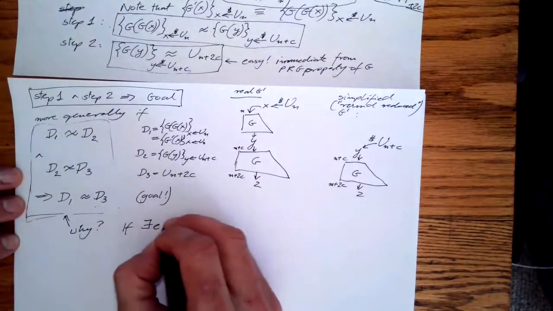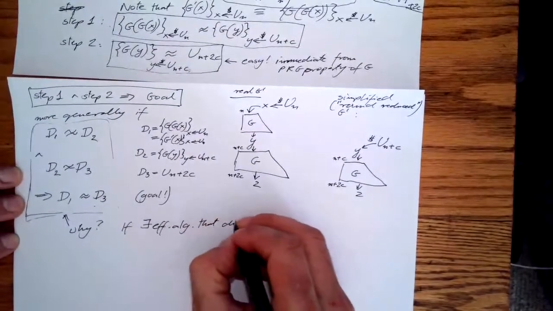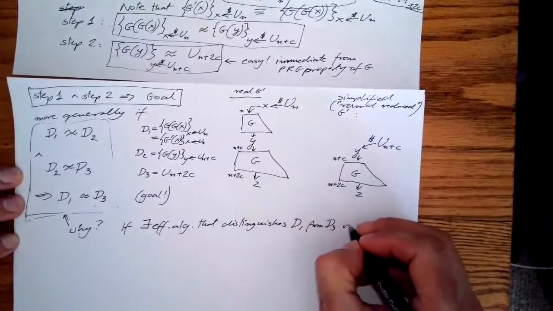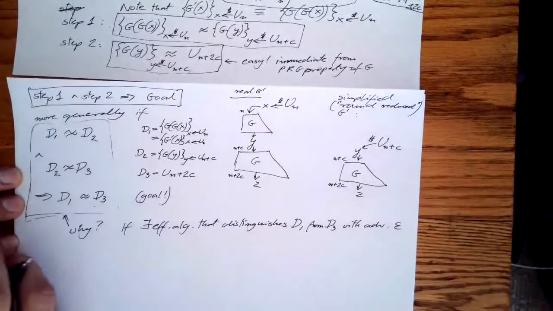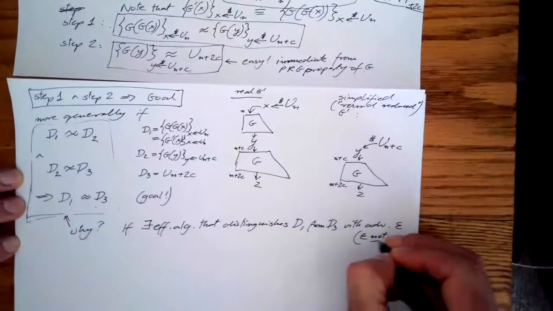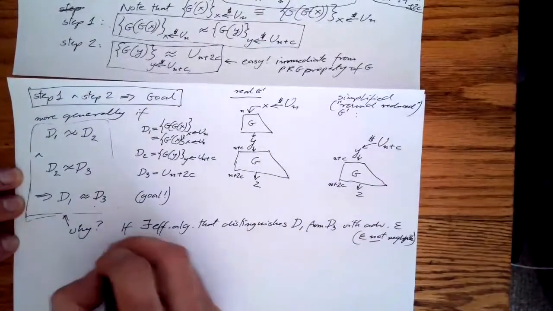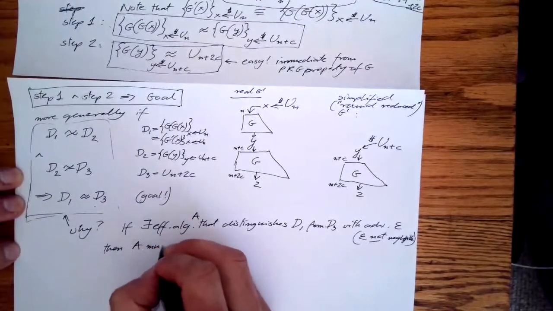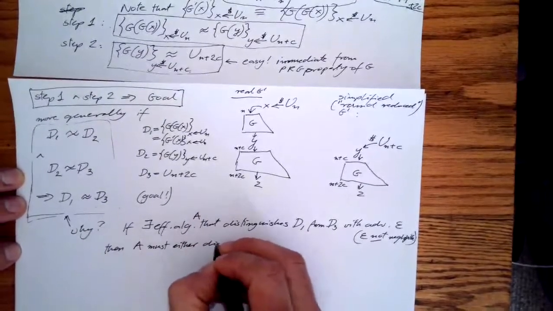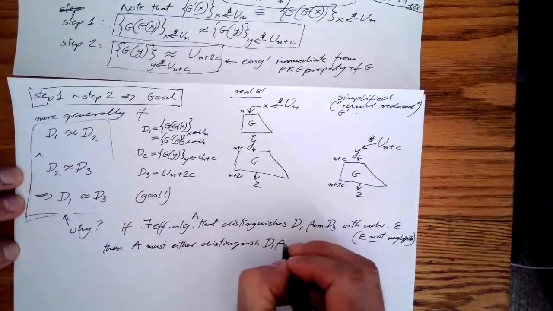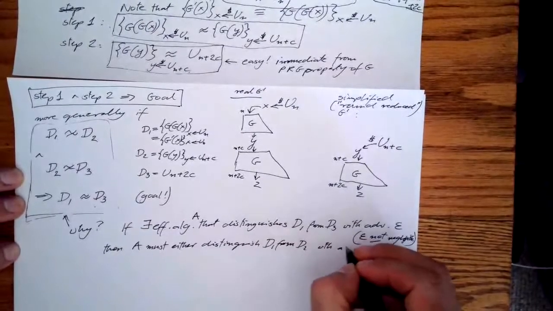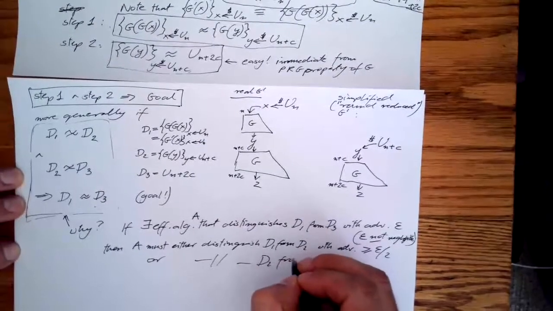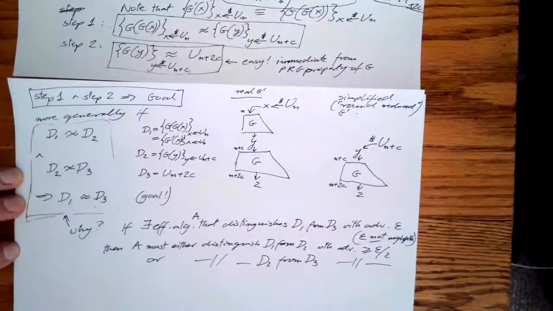Because if there exists an efficient algorithm that distinguishes D1 from D3 with some advantage epsilon, and this advantage epsilon is not negligible, then the efficient algorithm, let's call it A, must either distinguish D1 from D2 with advantage at least epsilon over 2, or it must distinguish D2 from D3 with advantage epsilon over 2.